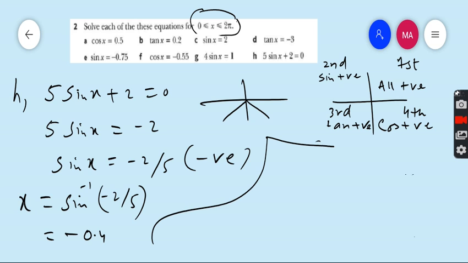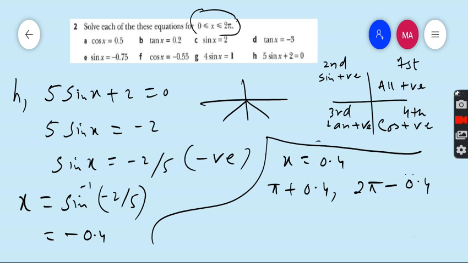But this is not acceptable because this is not a basic angle. Basic angle is always positive. So x should be 0.4, and the third quadrant value should be found as pi plus 0.4, and the fourth quadrant value should be 2 pi minus 0.4.